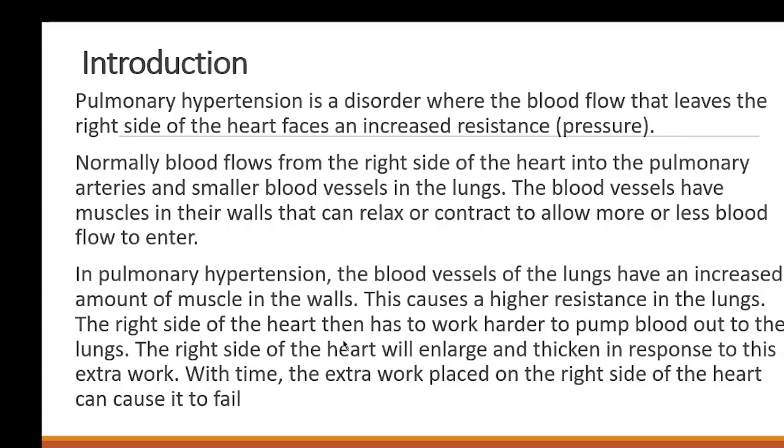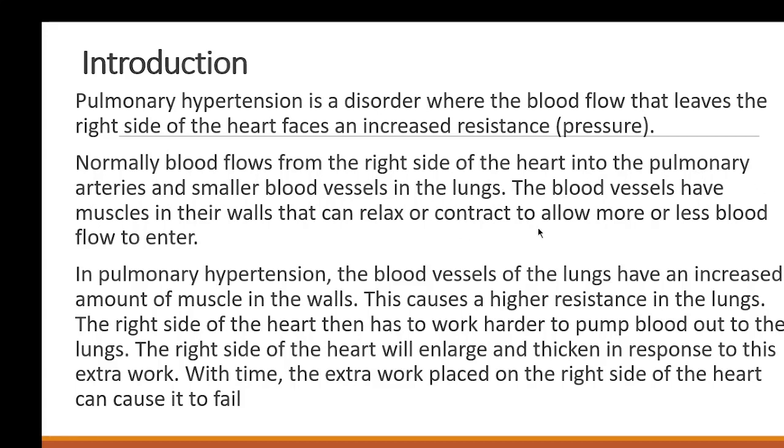The right side of the heart then has to work harder to pump blood out to the lungs. The right side of the heart will enlarge and thicken in response to this extra work. With time, you need to understand the normal functioning of the pulmonary arteries.